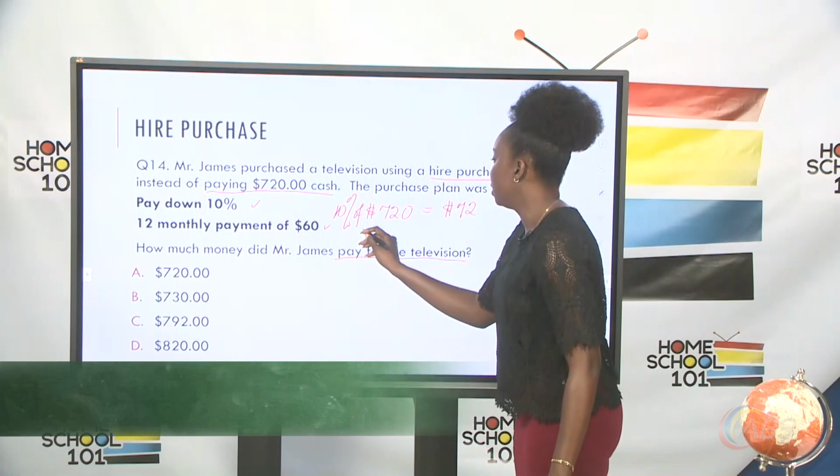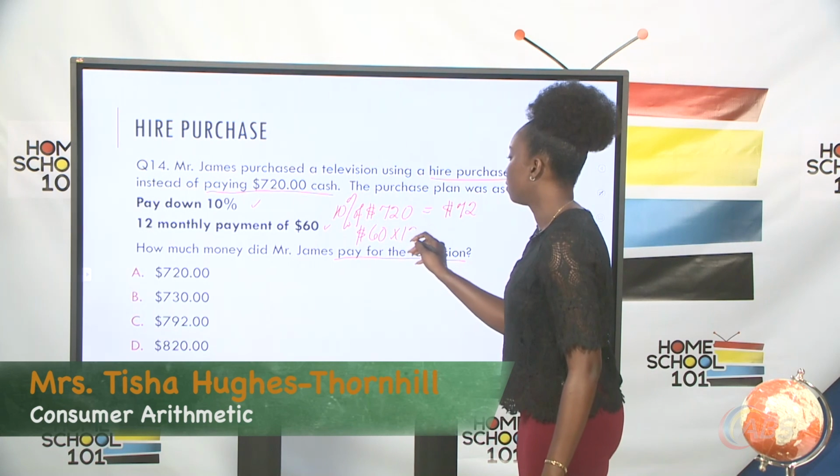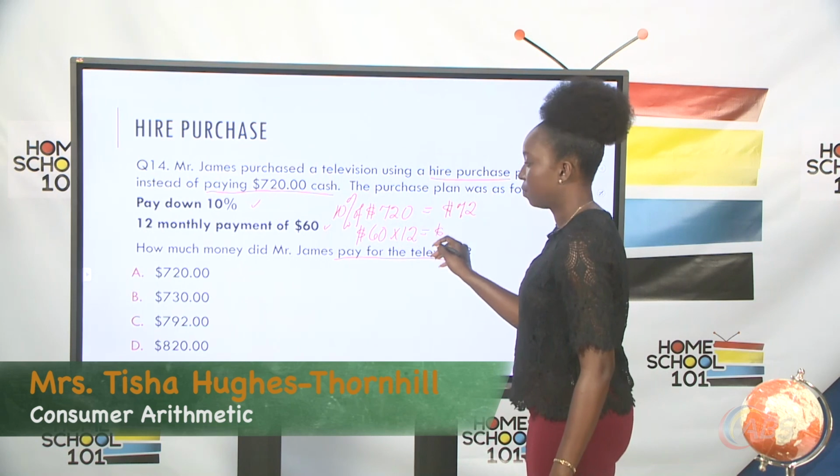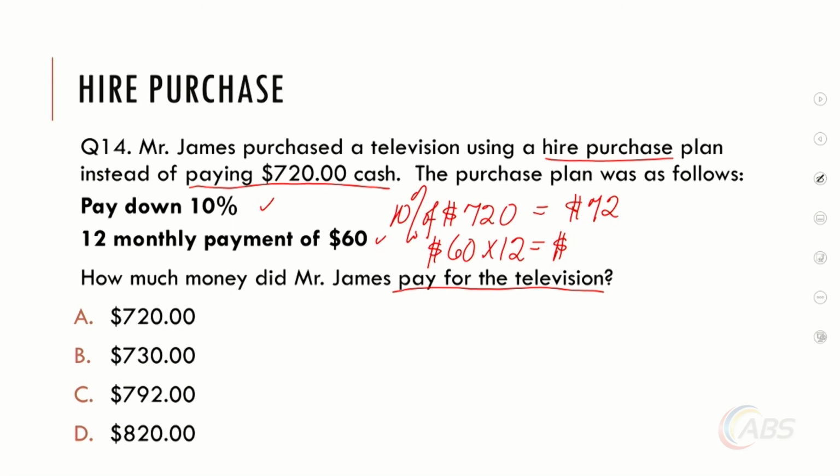So for 12 months, he had to pay $60. And if we multiply 60 by 12, we get $720.